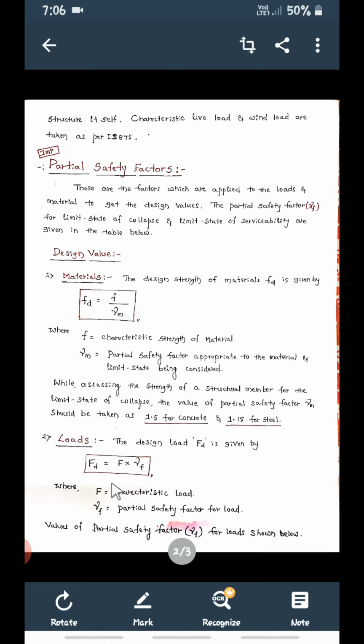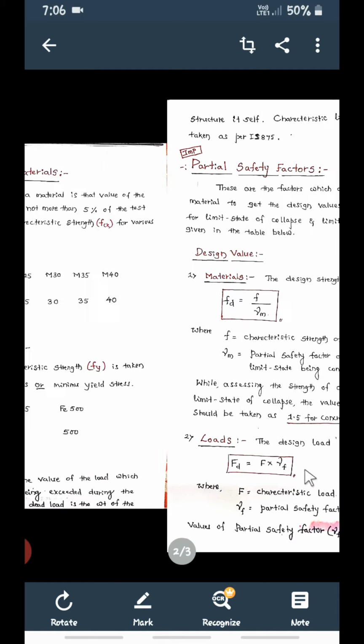Remember, it is important what we mean by partial safety factors and how the design strength of materials and design loads are calculated. For design strength of materials, that is for concrete and steel, we divide by the partial safety factor: the characteristic strength of material divided by the partial safety factor gives the design strength of the material. But for design loads, we multiply the characteristic load by the partial safety factor.